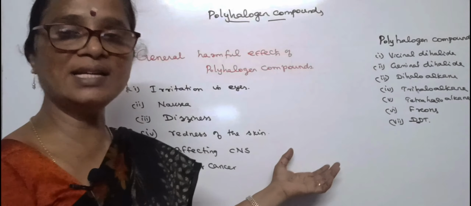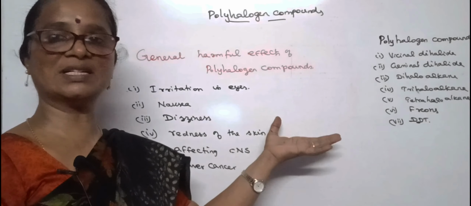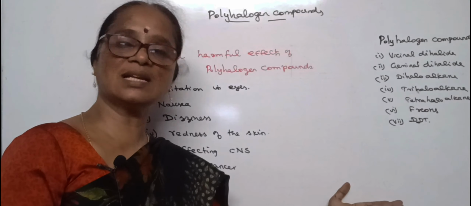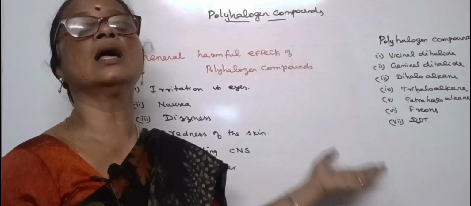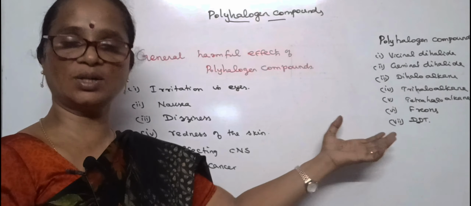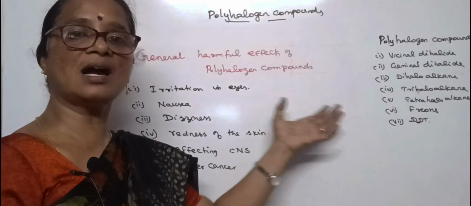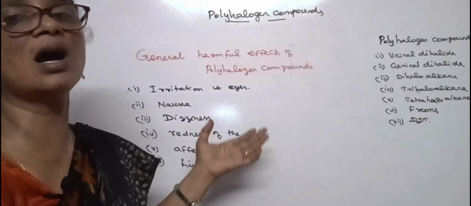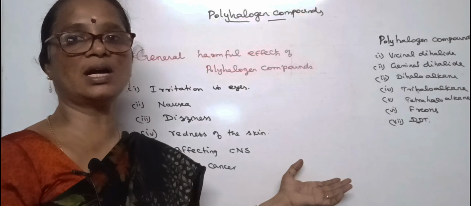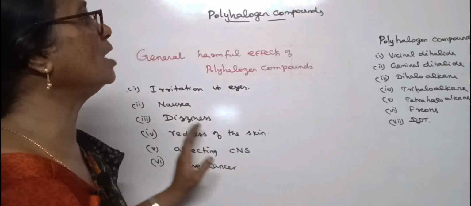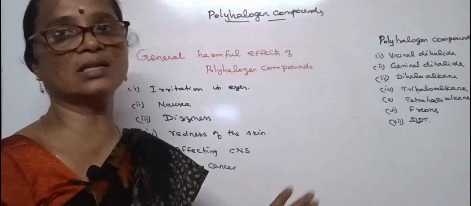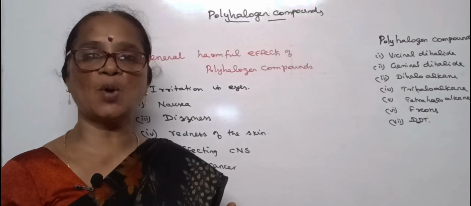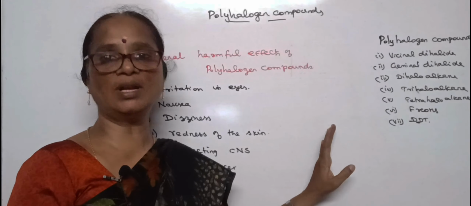In haloarenes, we studied their nucleophilic substitution reaction as well as electrophilic substitution reactions. Though haloarenes do not readily undergo nucleophilic substitution, we made it happen under vigorous conditions or in presence of an electron withdrawing group. We also studied some polyhalogen compounds, their preparation, properties as well as their harmful effects.